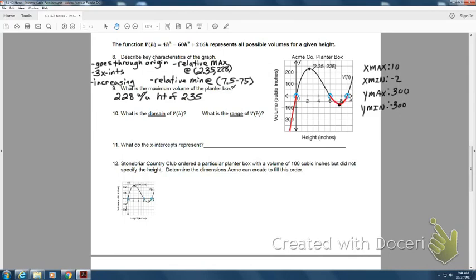Does that part of the graph make sense? No. Why? It's negative. Can't have negative volume. Okay. Let me put that one in a different color so I can split up this graph to explain something. Does that part of the graph make sense?